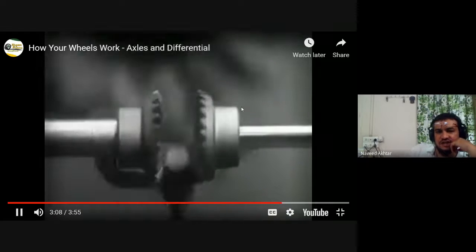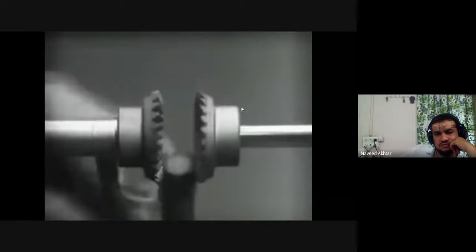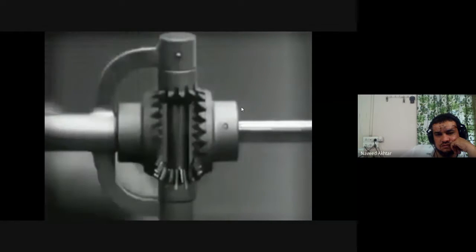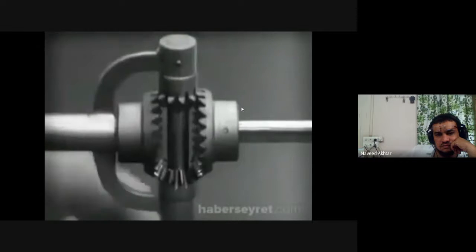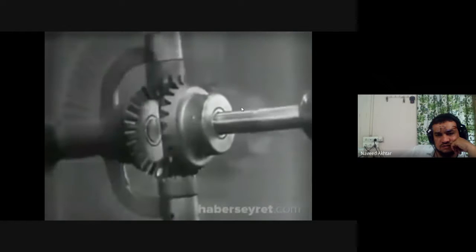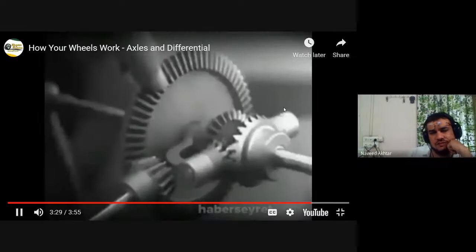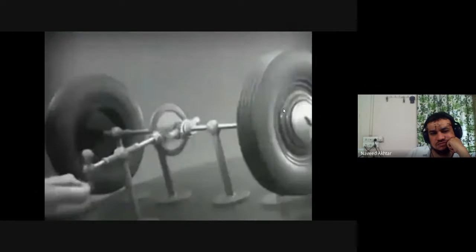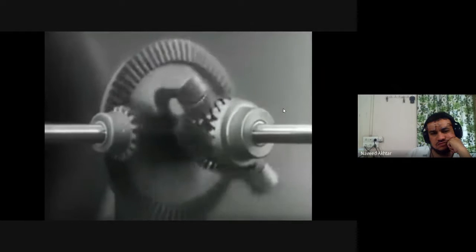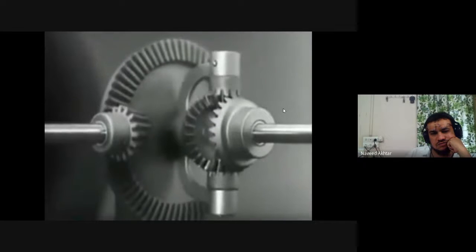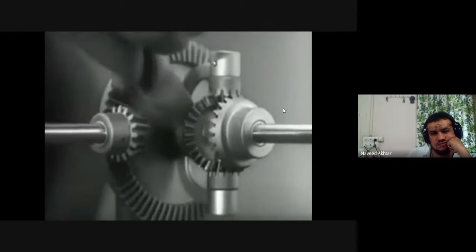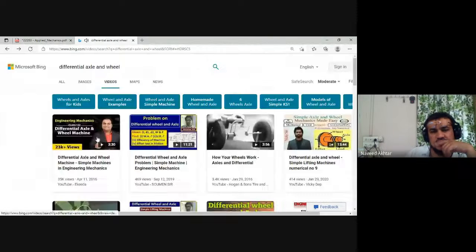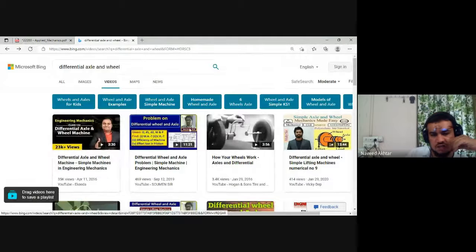This is the differential axle and differential gear. You can see this video of how the differential works.